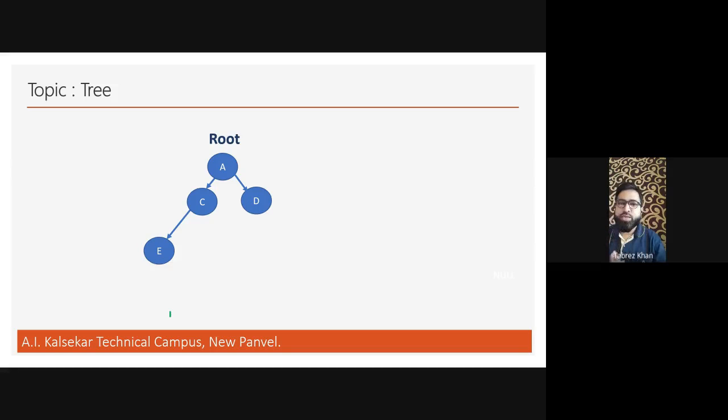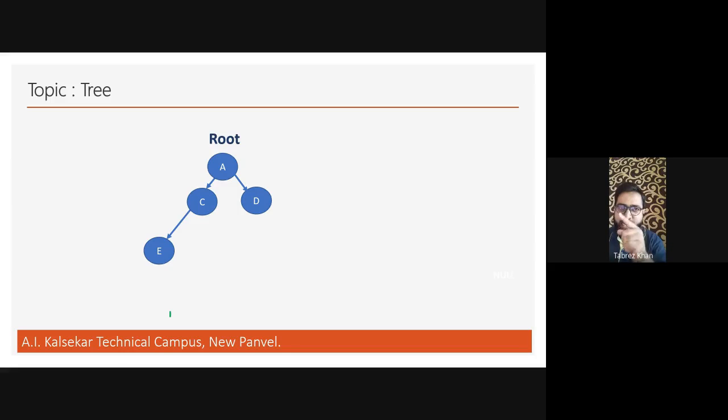Now if you see this tree, my A is the root node, and A has got two children. Please listen carefully, I am saying the different terminology of a tree. Root is one terminology, and children is another. The nodes which are directly under a given node are called the children of that specific node.